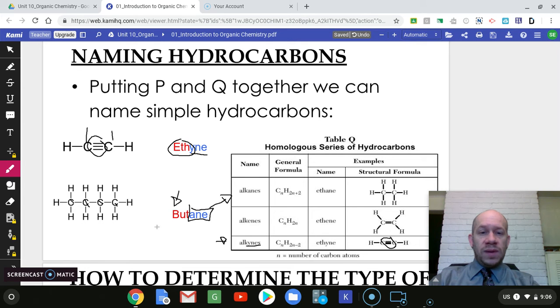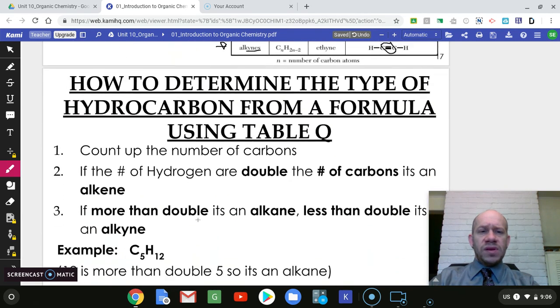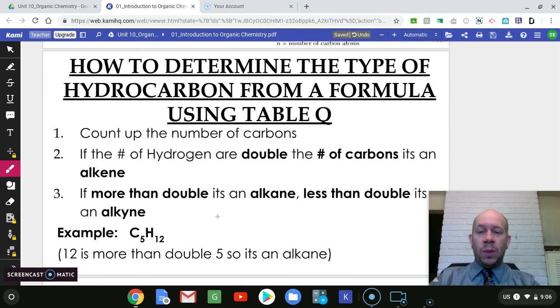So the steps you will follow to do that, I walked you through it and I'll give you time to practice. 1, count up the number of carbon atoms. So how to determine the type of hydrocarbon from a formula using table Q. If I only have a formula, such as this formula here, these are the steps you'll follow. First, you have the carbon atoms.